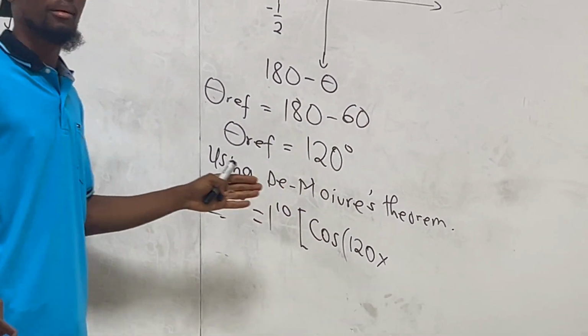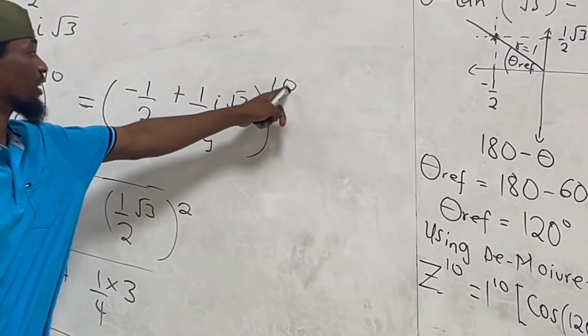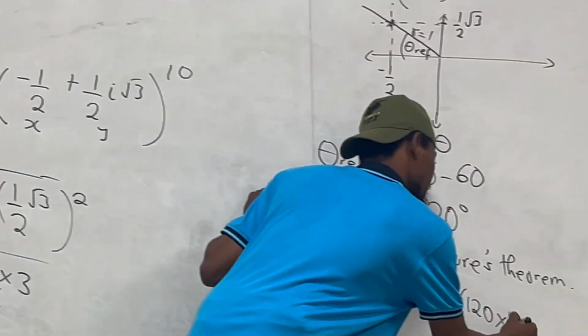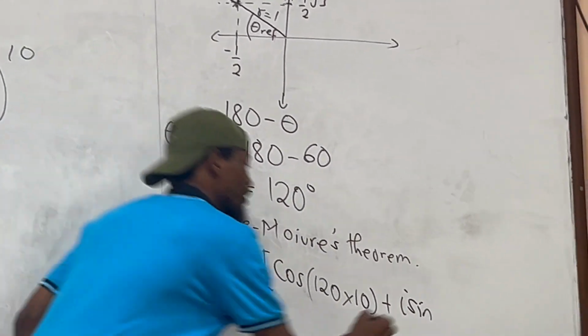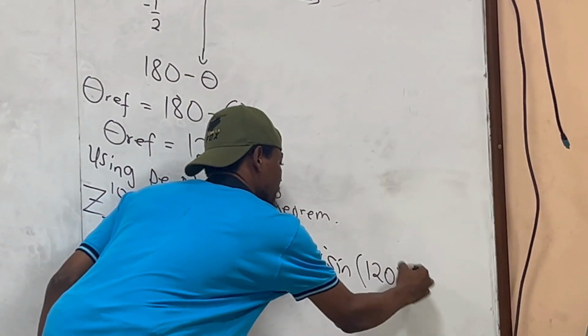My n is 10. So times 10, then plus i sine 120 times 10.